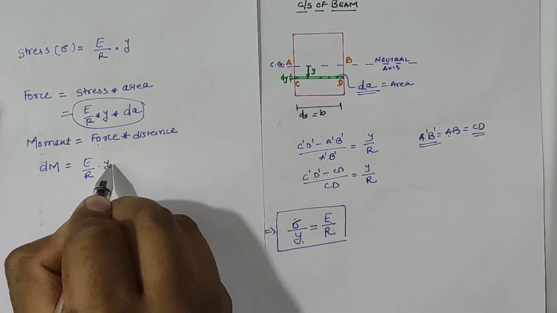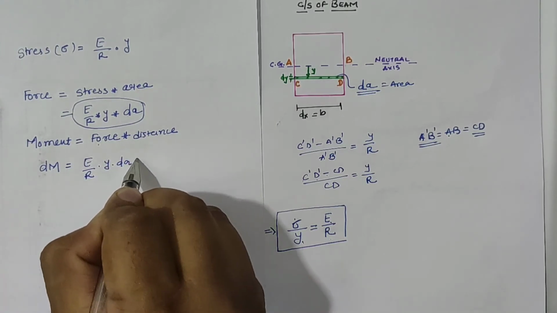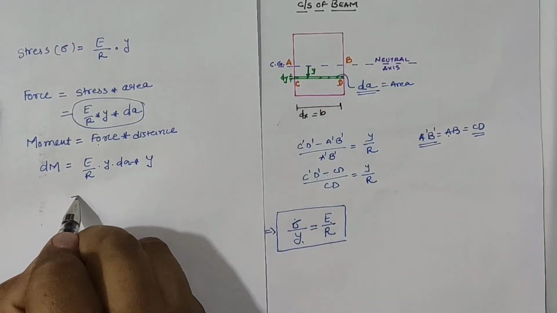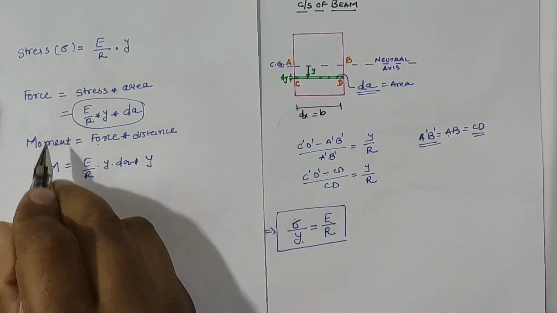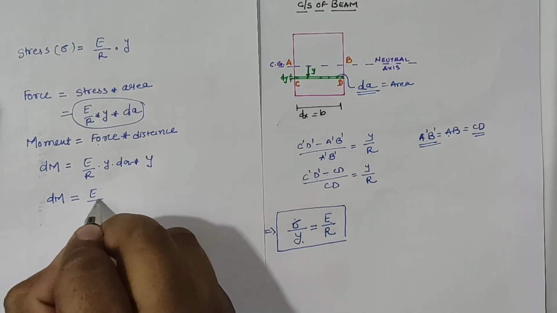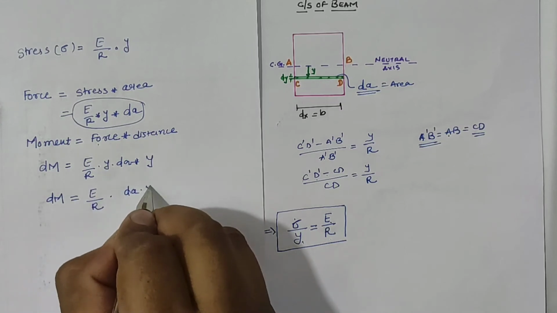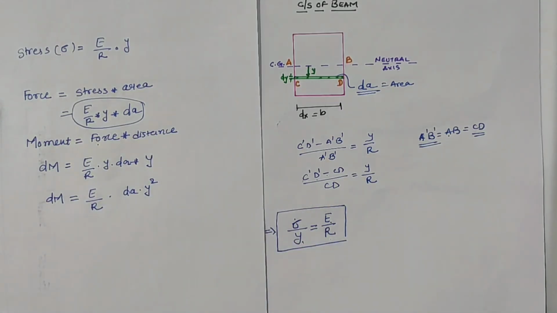So let us put the value as E by R y into dA, and distance from the neutral layer is y. So rearranging the equation for dM, which is equal to E by R into dA into y square.